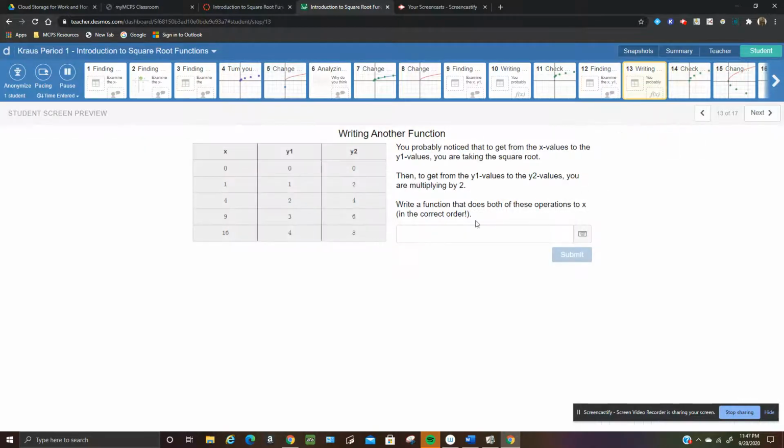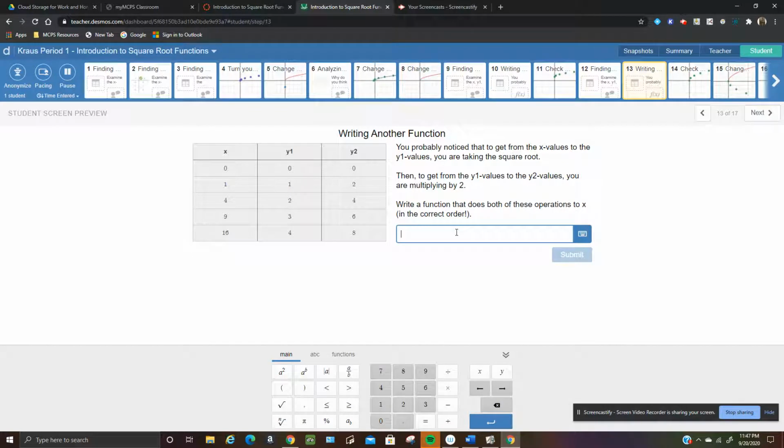You probably noticed that to get from the x values to the y values, you're taking the square root again. Then to get from the y1 value to the y2 values, you multiply by 2. Write a function that does both of these operations on x in the correct order. So y2 is equal to 2 times the square root of x.